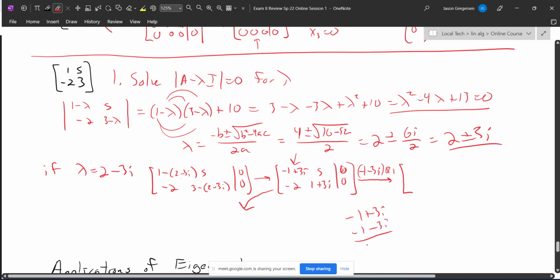When I multiply those together, I'm going to get 1 plus 3i minus 3i minus 9i squared. And i squared is negative 1, so this is actually going to result in the number 10. So when you multiply a complex number by its conjugate, you get a real number. My second component will be 5 times negative 1 minus 3i.